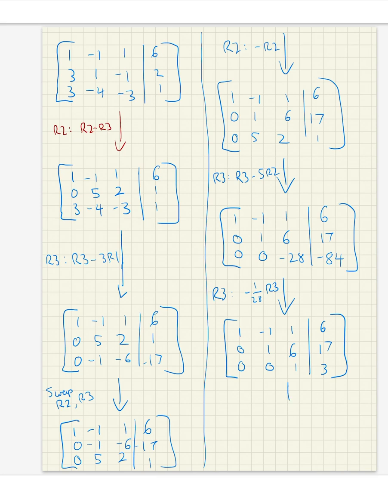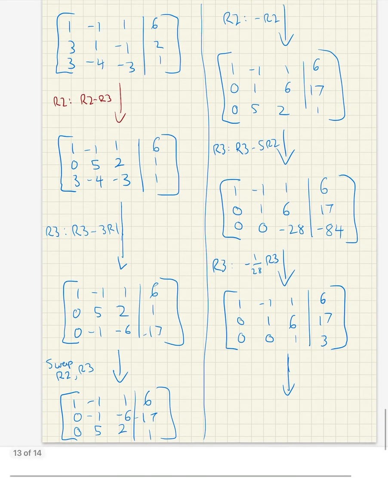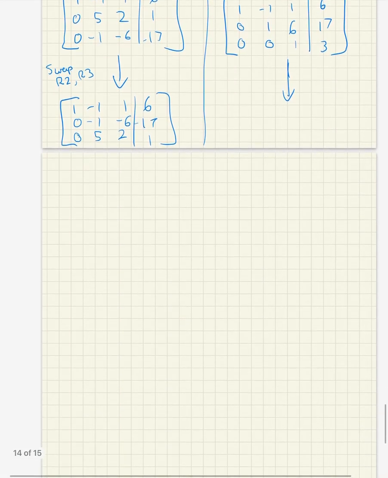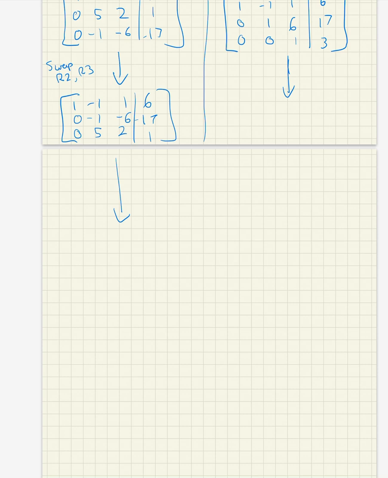Now, next thing I can do is manipulate, we might move on to a new page. What I can do is now use this final row, or the rows with zeros in it, to be able to turn others into zeros. So let's do the first step. So first I'm going to manipulate R1 by doing R1 plus R2.